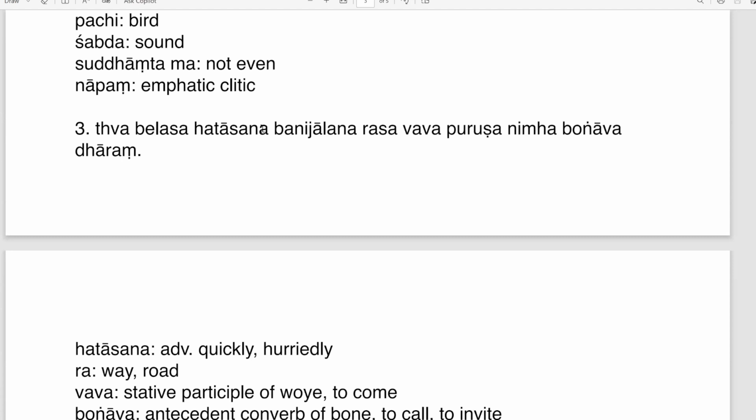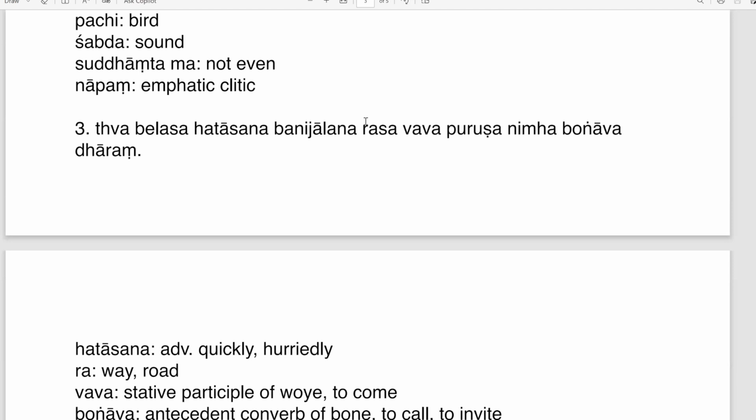Yes. Because I think if it were the merchant came on the road, then there would not be this ergative ending. If it were he came quickly on the road, then it would be banijara rasnama.